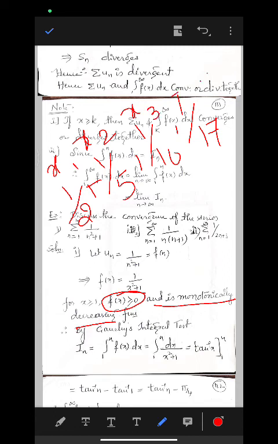According to the monotonically decreasing sequence definition, x(n+1) should be less than x(n). Check whether x2 is greater than x1. Can anybody tell me?